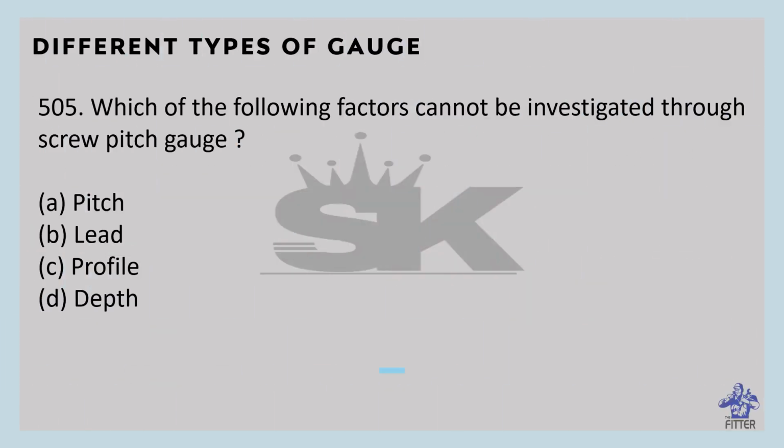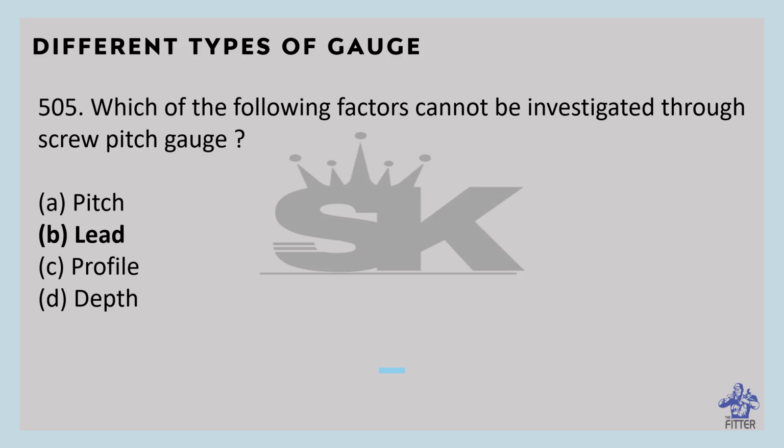Which of the following factors cannot be investigated through a screw pitch gauge? So that is lead. The screw pitch gauge is used to measure pitch, profile, and depth. So the wrong answer here is lead. It is used to check the pitch of external and internal threads.